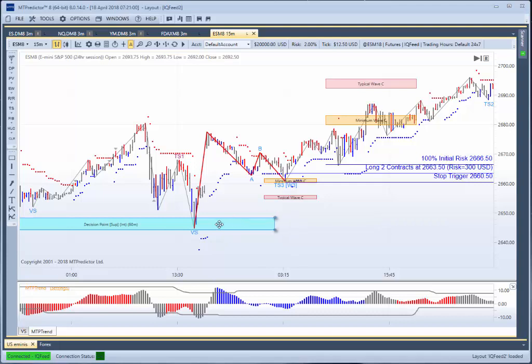We're looking for support at a higher time frame DP support zone. The initial move off that we then define as a wave 1. The initial correction, which subdivides into a minor ABC, would then be defined as a wave 2. We're then looking to trade that as if it's a wave 3.